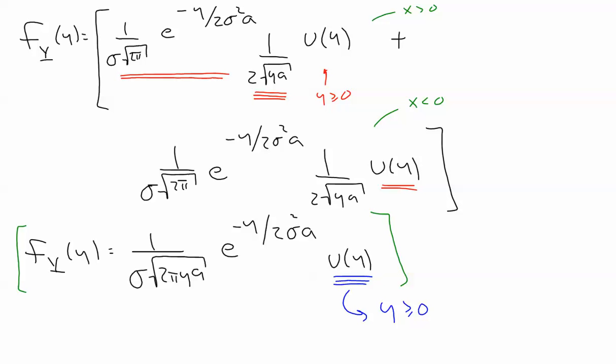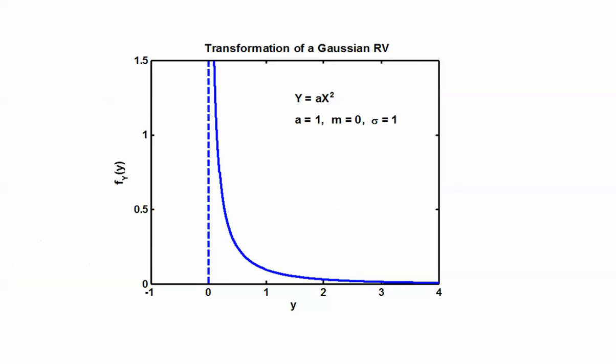Okay? Well, this result for this particular example is plotted here under these conditions. I plotted it assuming that, once again, I have a zero mean Gaussian random variable. In the solution that I did on the previous page, I had not specified a standard deviation.